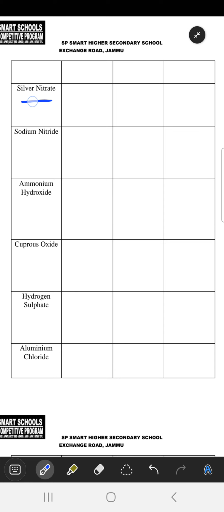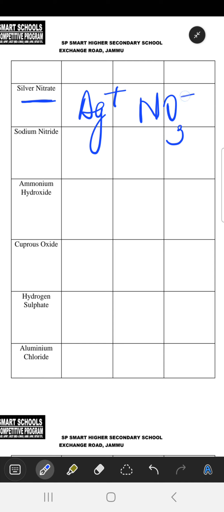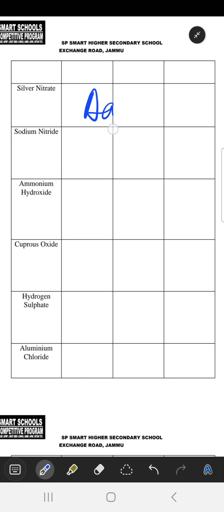Next compound is silver nitrate. For the silver, we have Ag positive, and for the nitrate, we have NO3 negative. Combining these two, what we get is AgNO3, which is silver nitrate.